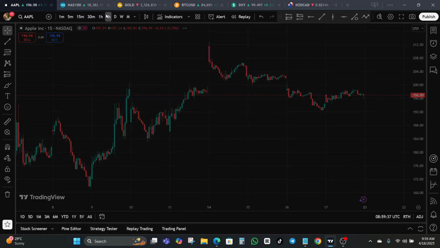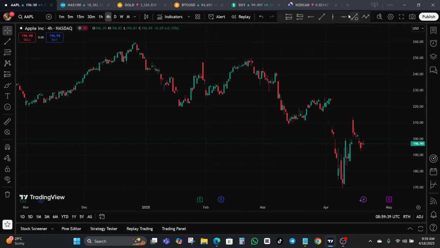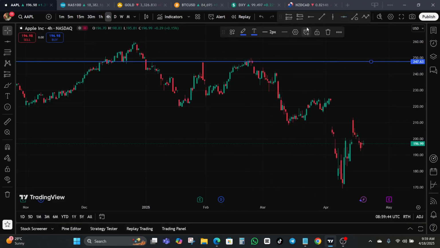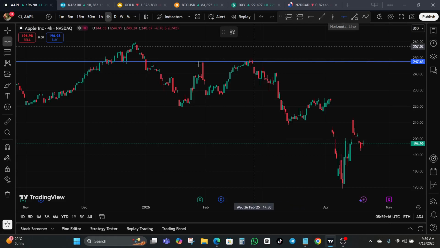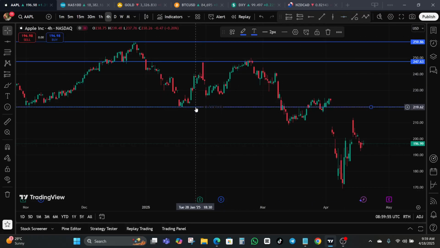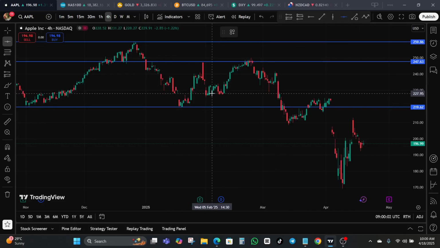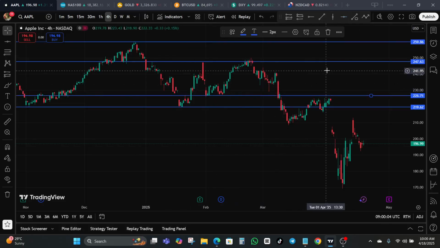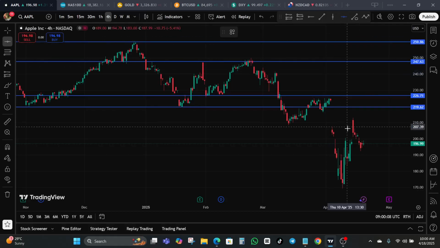So you have to mark your levels on your chart, key levels where a stock has the potential to break out, levels of reversals, levels of rejections. You have to mark those levels on your chart, you can see here, because these levels are going to guide you as you practicalize this strategy.